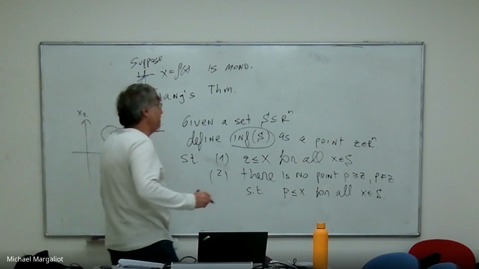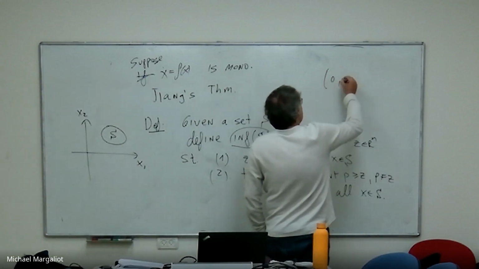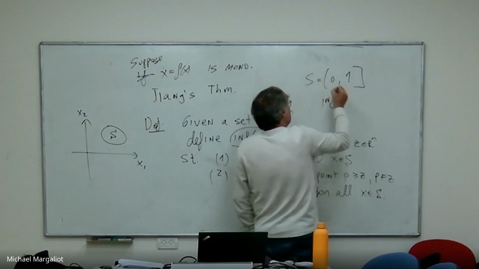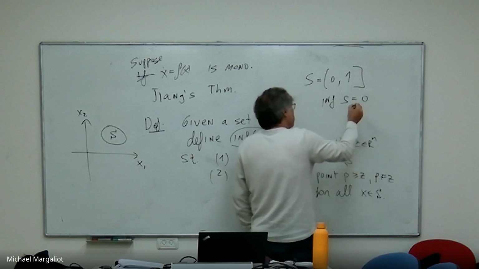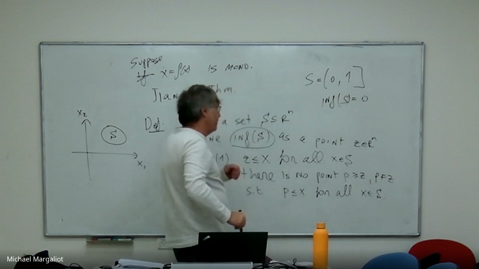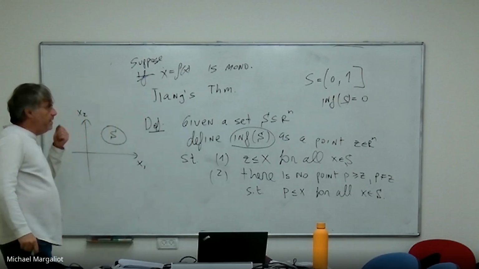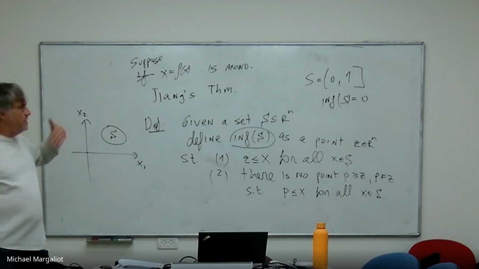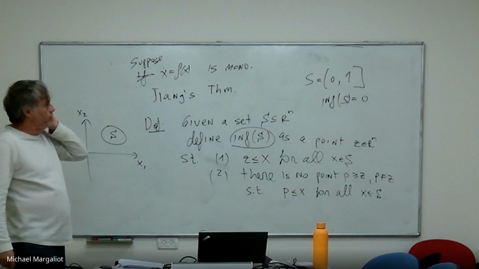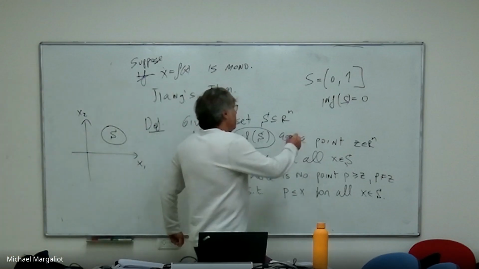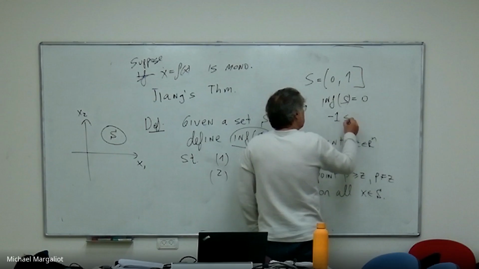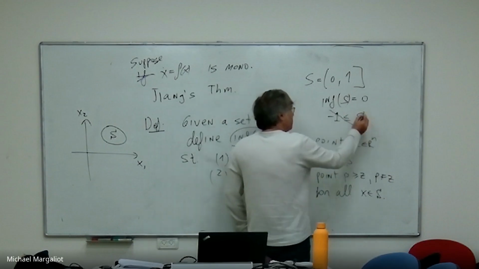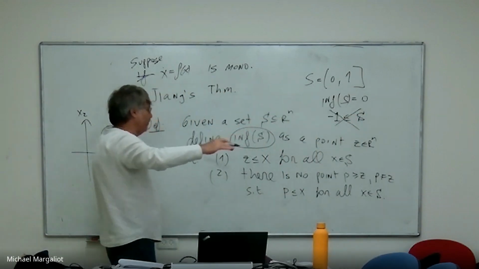Just like if I have an interval like this, the infimum is 0, which is the minimum on all the points in S in some sense, but the largest of all the minimums. So -1 is also smaller than all the points in S, but this is not interesting because I want the tightest lower bound, the maximal lower bound.